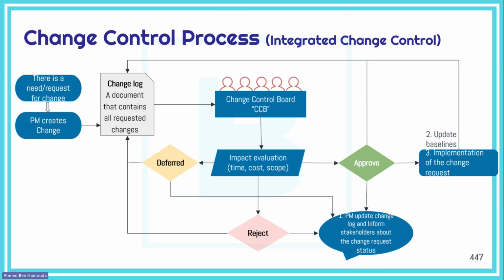Sometimes also adding some resources. Not always do we need change requests for adding resources, but sometimes it can happen, especially if those resources are external, or there is a conflict between stakeholders about whether to add resources or not. So we need to go through the CCB to decide, etc.